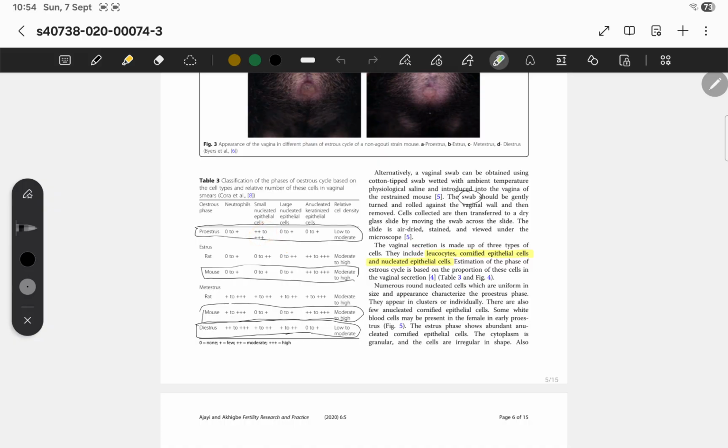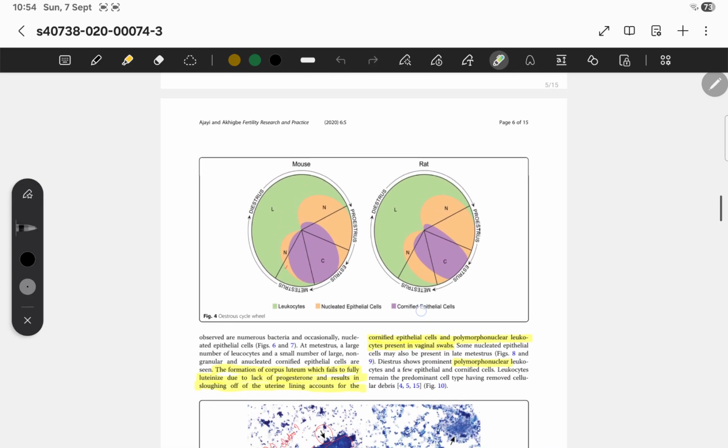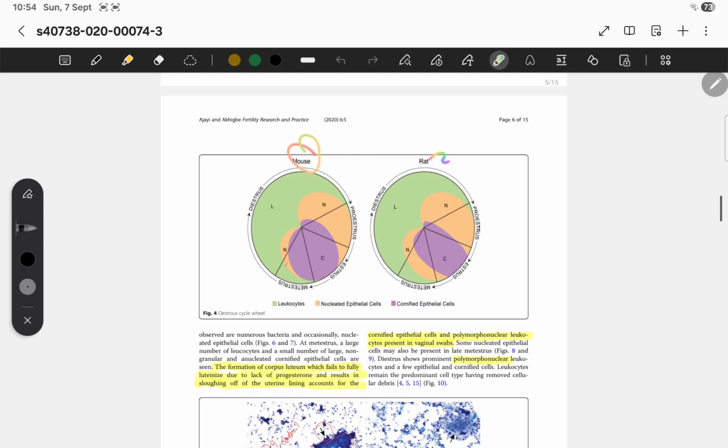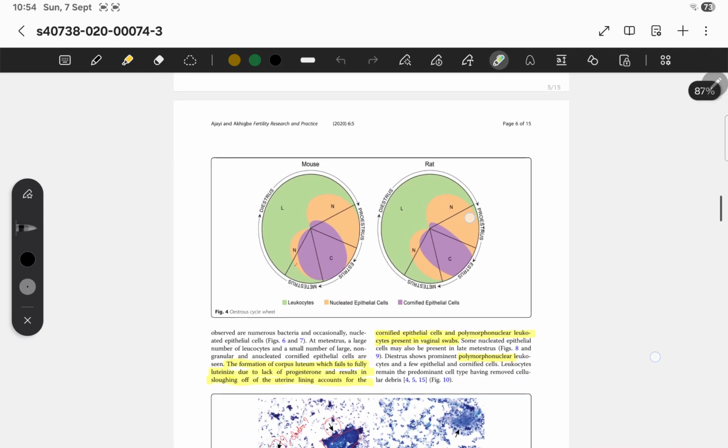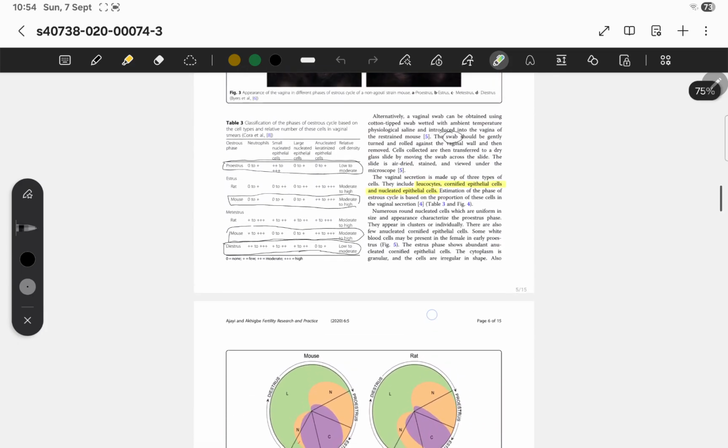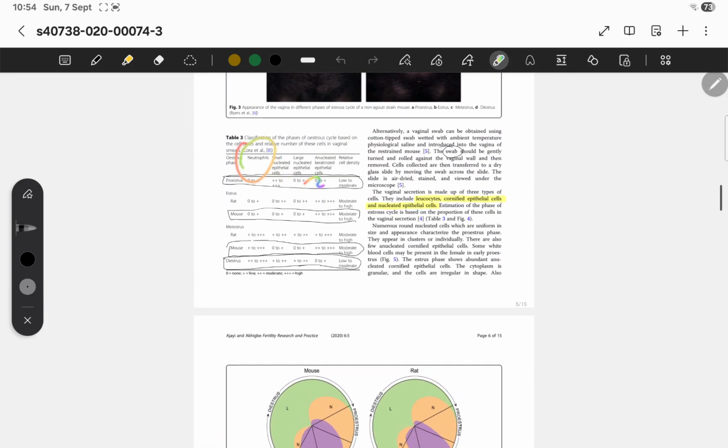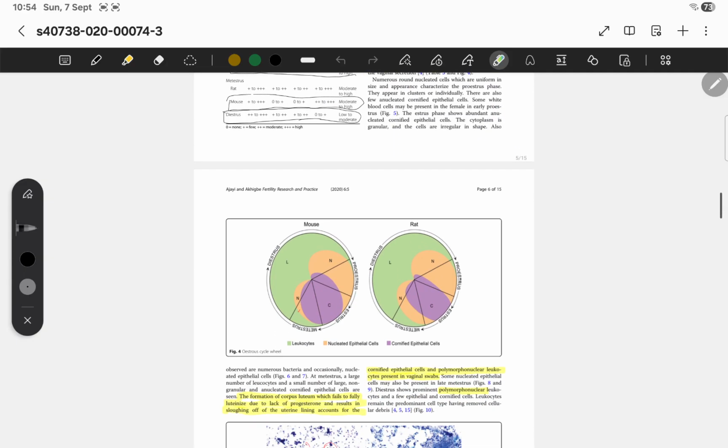There is another way: you can just take a swab, make a slide and look at it. In mouse and rat, we are basically seeing cell types: neutrophils, small nucleated epithelial, large nucleated epithelial, and anucleated keratinized cells.